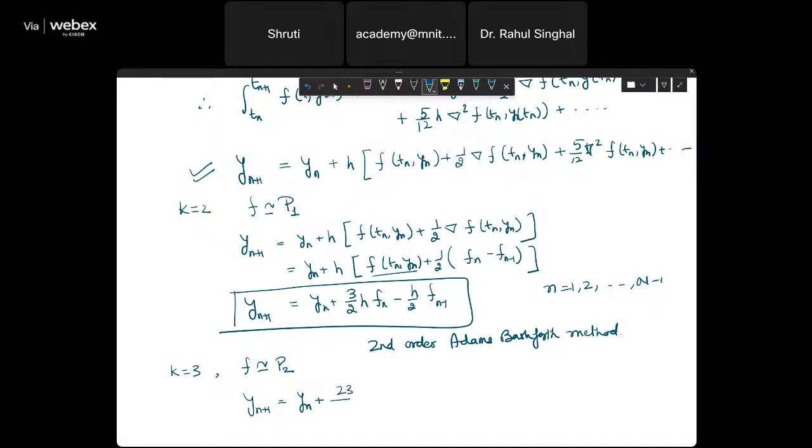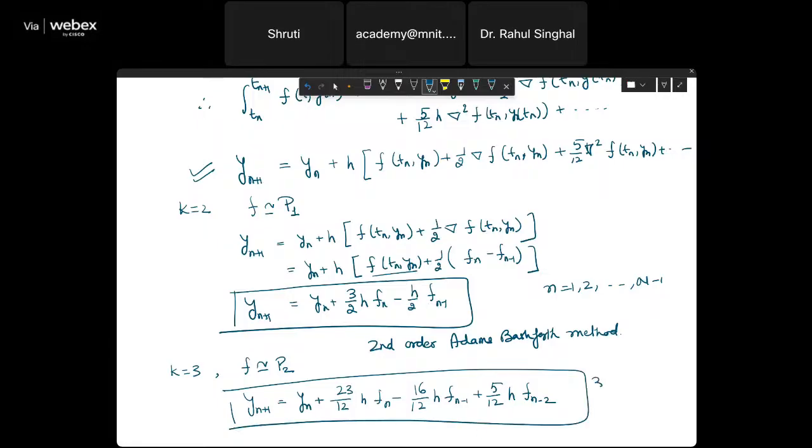Likewise, you can write the formulas for different order Adams-Bashforth methods. So, minus 16 by 12 f_{n-1} plus 5 by 12 f_{n-2}. So this will be the third order Adams-Bashforth method.